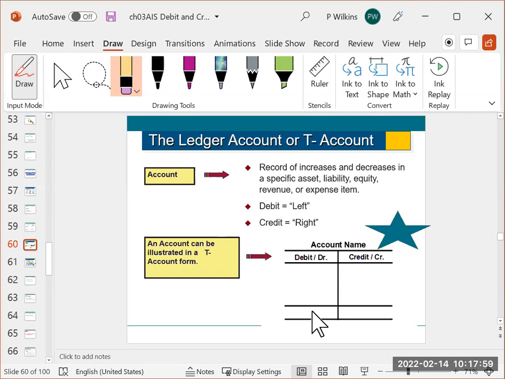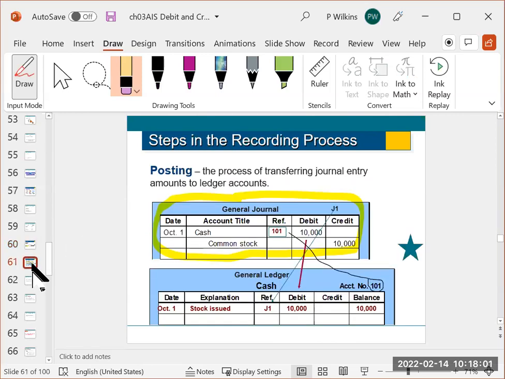So let's look now at the next slide here. Now, what we're showing you here is actually a ledger card, and we're just showing this to you so you know how it works. We're going to be using the T accounts, not the ledger cards like this.